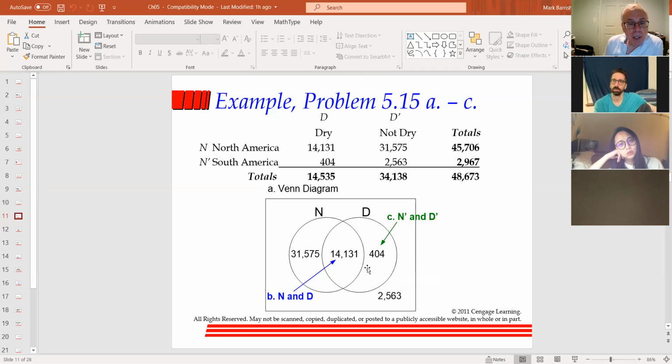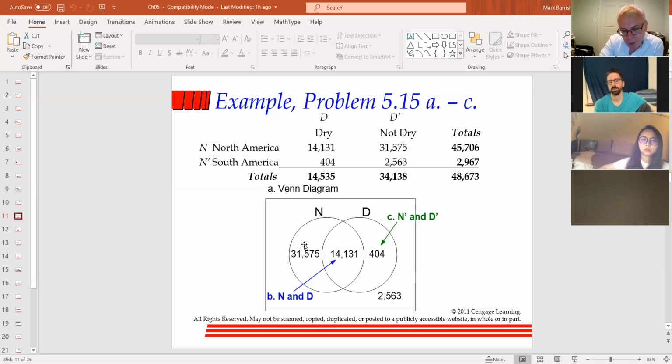But you have to be a little more specific about that. Now you could say the number in North America or the number that are dry. When you said it the way you said it, you're sort of double counting. To say it your way would be the number in North America that are not dry, the number in North America that are dry, and the number that are dry that are in South America.